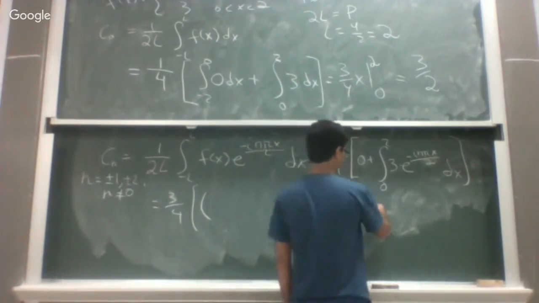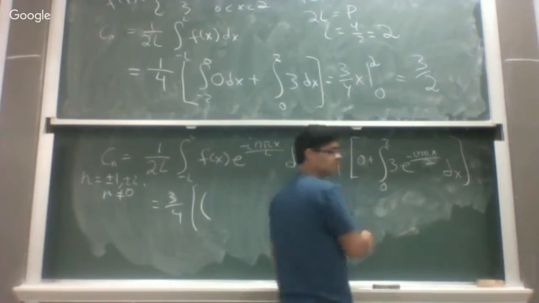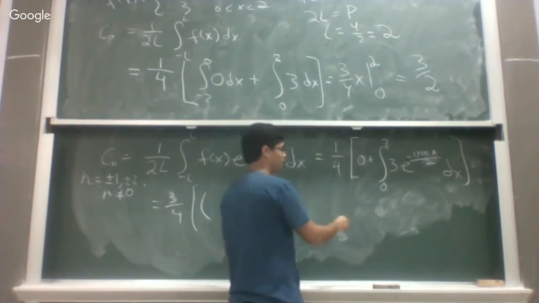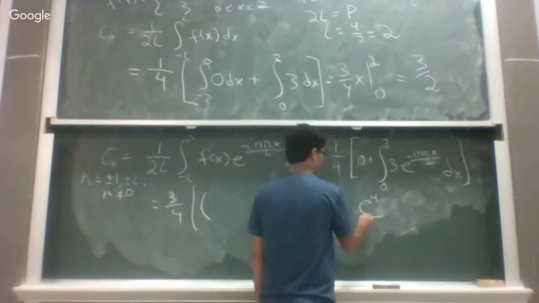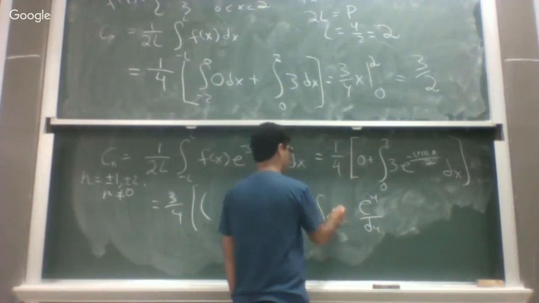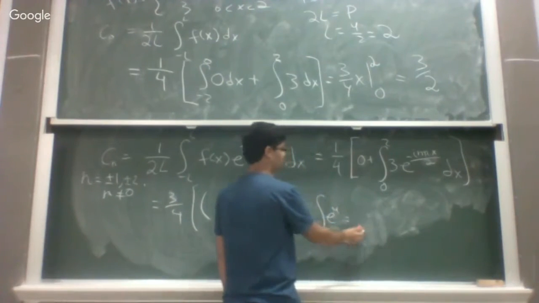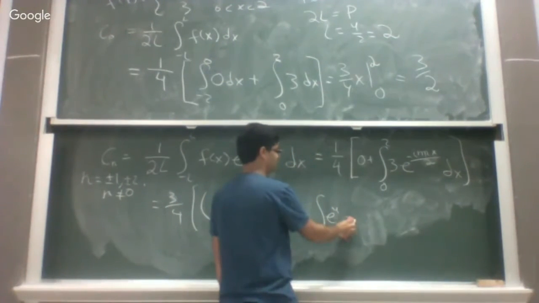What is the rule for e to the x? u du, right? The integral of e to the u is just e to the u. E to the x is e to the x, e to the u is e to the u. You just have to do a u-substitution, so you have to multiply by something.